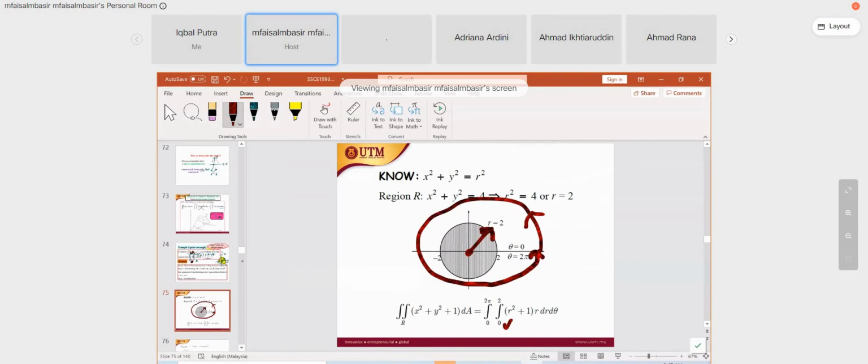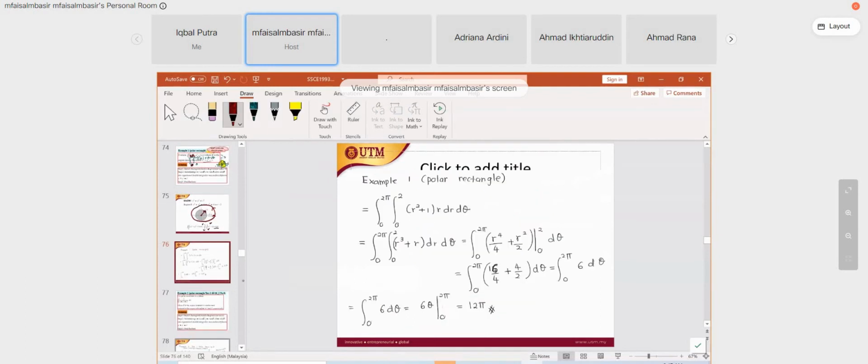So 0 to 2, 0 to 2 pi. Your dA will be r dr d theta. You can simplify this by yourself: expand first and then integrate one by one, integrate with respect to r first, put 0 to 2, lastly 0 to 2 pi. Don't worry about this. The important thing is that you know how to change, and get the correct limit and correct sketch.